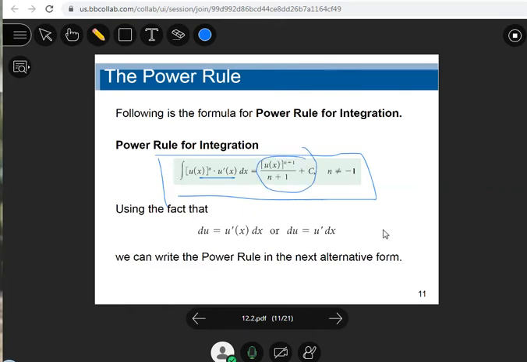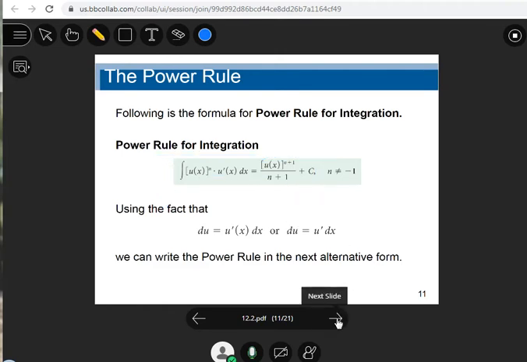You need to memorize this crucial point. When you are given a problem of this type, you must be able to recognize that it is this power rule integration type. Then you can do it very easily.